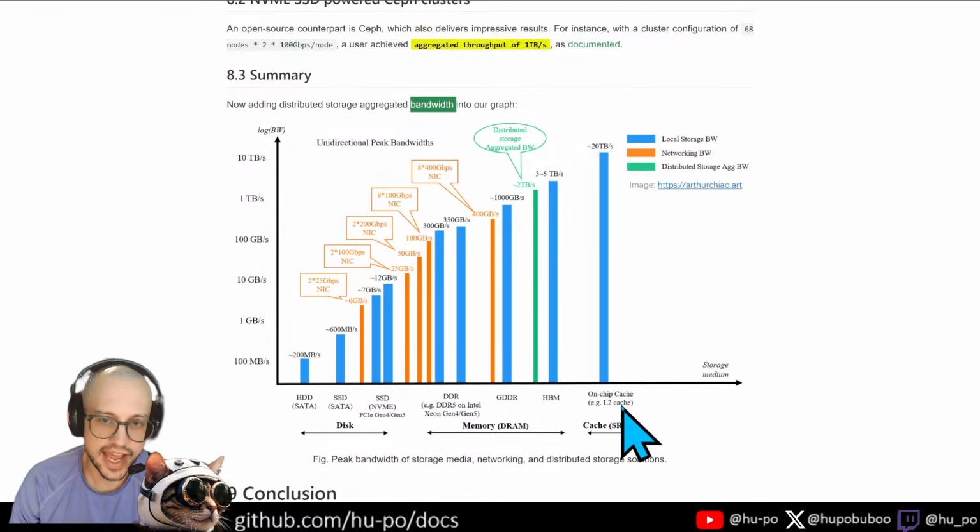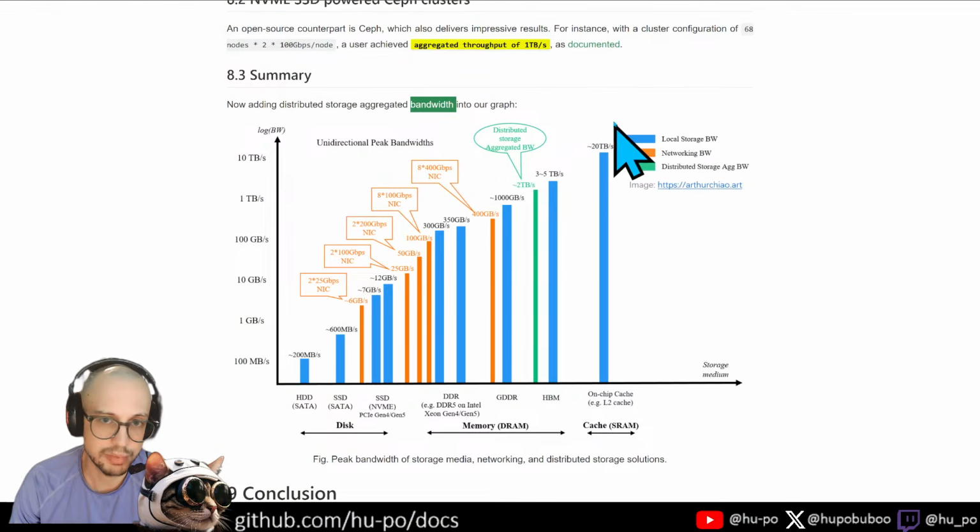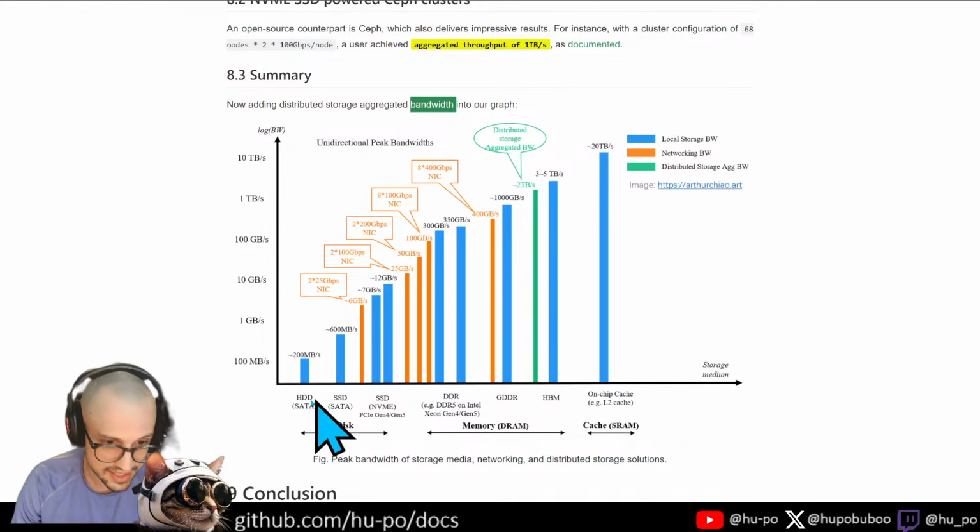So on-chip cache, 20 terabytes per second. That's the cache on the actual chip, right? The cache that's literally on the same exact chip is going to give you your highest bandwidth. Versus the worst possible bandwidth is an HDD. This is a literal disk drive connected via SATA, which is the old school cables. If any of you have built computers back in the day, you remember SATA cables. That's the worst, right?